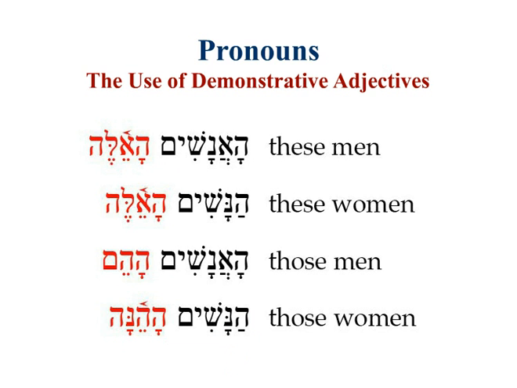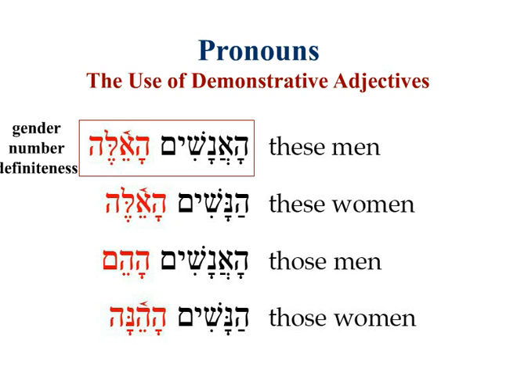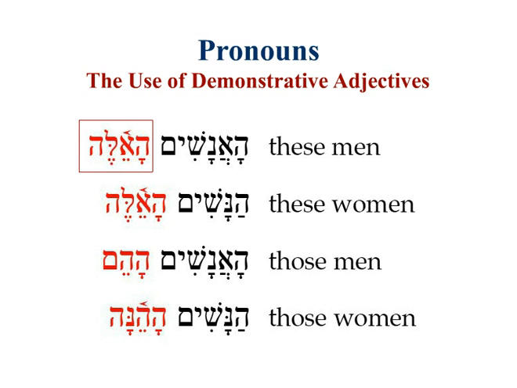In the fifth example, the Hebrew reads ha'nashim ha'ela. It translates these men. Nashim and ela agree in gender, number, and definiteness, though notice, please, that the demonstrative ela is the common form.